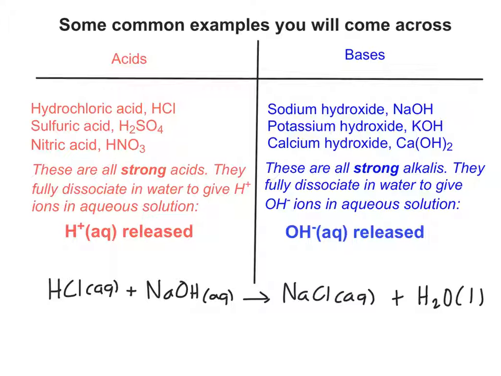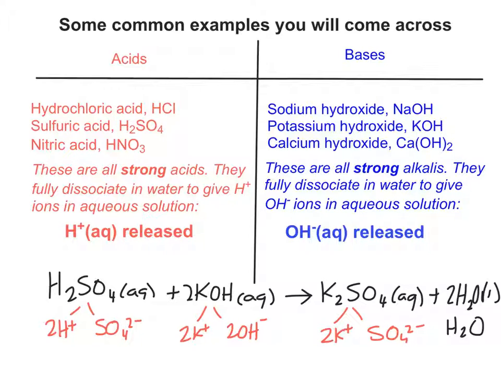What's actually really going on? If we take everything that's aqueous and we split it into the ions that it's made of, you can see clearly that some things actually appear twice. And we can cancel them out. So we've got H+ reacting with OH- to make H2O. If we do the same thing with one of the other combinations, you'll see we end up with the same reaction.